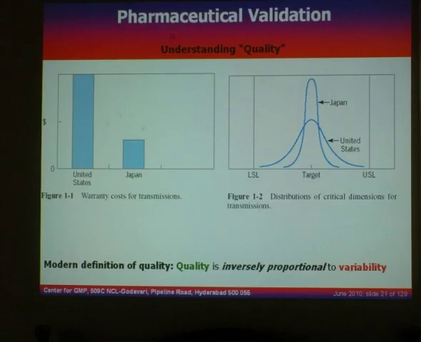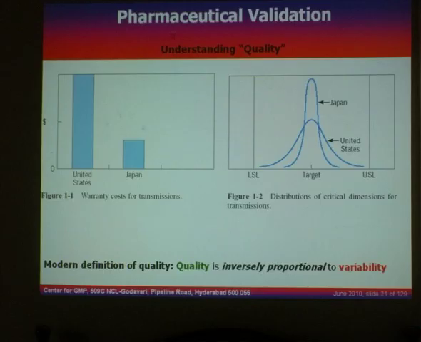But the Japanese had internal, better, stricter controls, and it was 300 plus or minus 1.5 mm. So it is 301.5 mm to 298.5 mm, a total spread of only 3 mm. Upper specification limit minus lower specification limit is 6 mm.